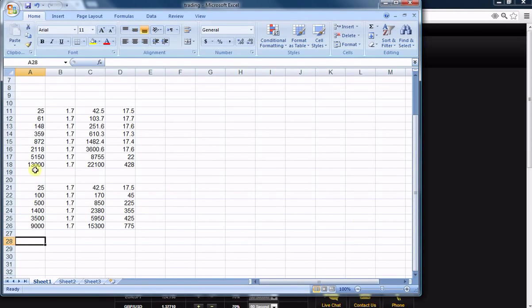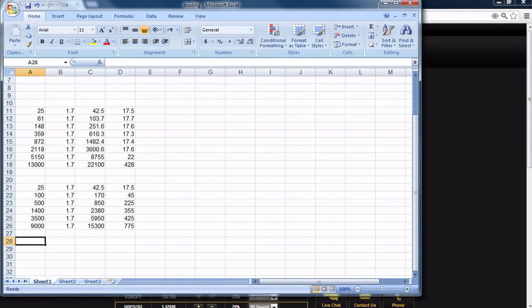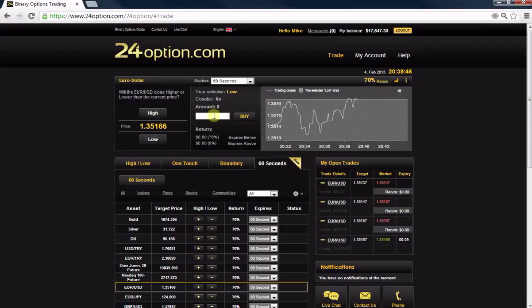Let's up the ante again. Okay, just in case that we lose this trade, we're going to up the ante again. But it looks like we've actually won this one.